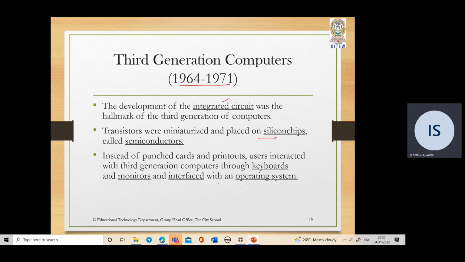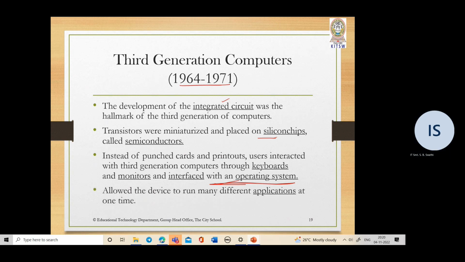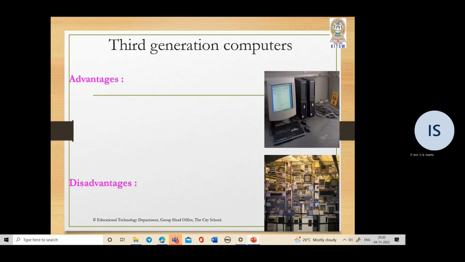And a prototype of an operating system was also developed. And punching machines which resemble keyboards were also developed, and it helped to run multiple applications at a time. So this is the structure of third generation computers.